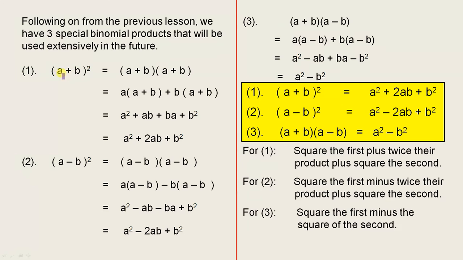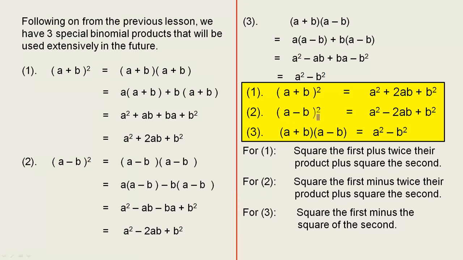A times b is ab, and then it's twice their product, so it's 2ab. And finally, plus, because it is a plus sign, square the second. So basically, it's the first term squared plus twice their product plus the second term squared.